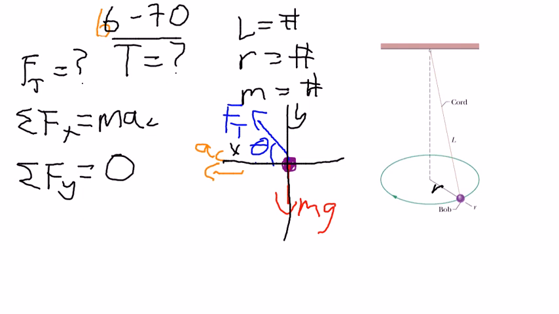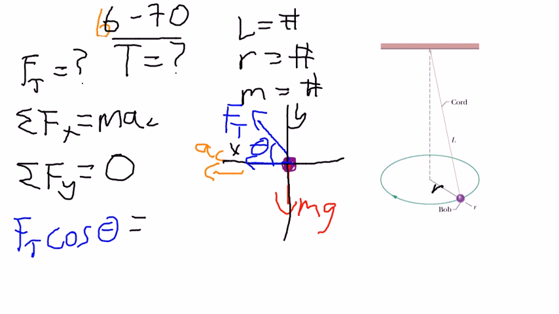In the x direction we're going to have Ft, the x component. It's the adjacent side, so it's going to be Ft times the cosine of our angle theta. And, well, that's it.